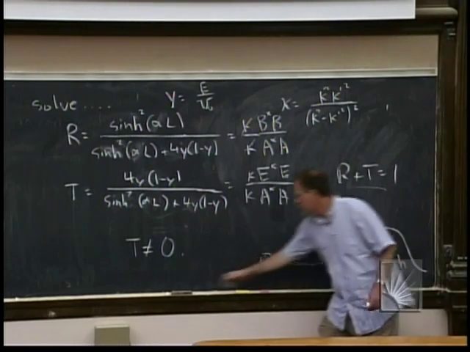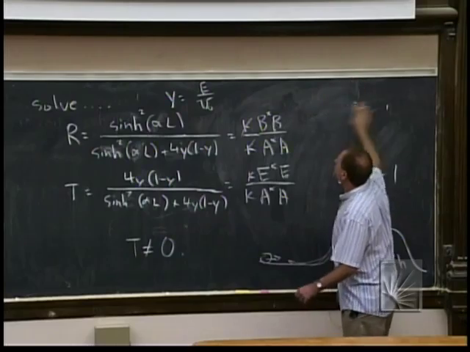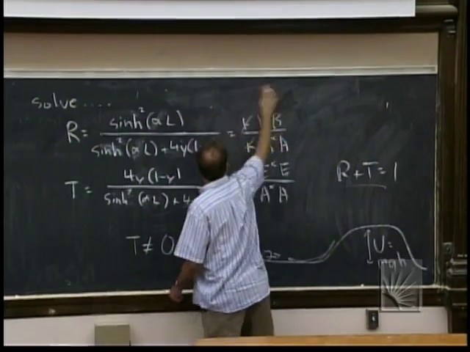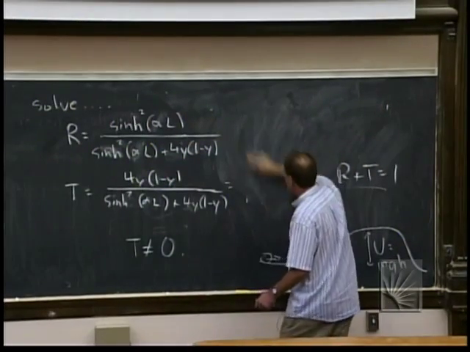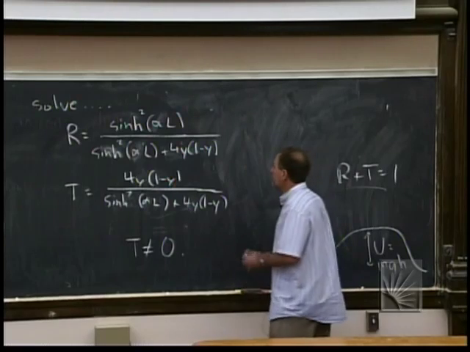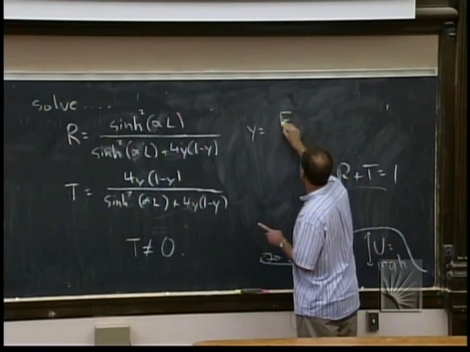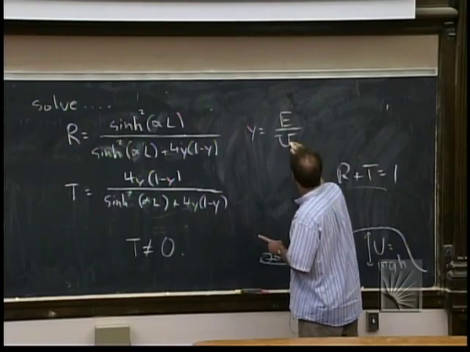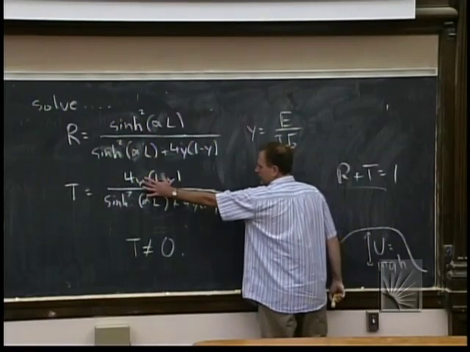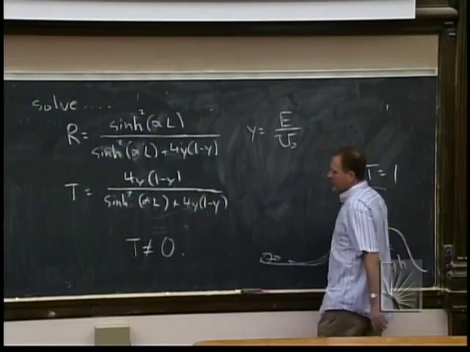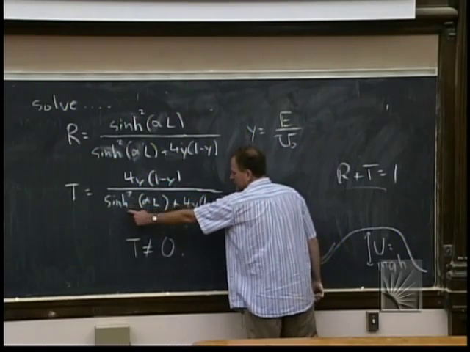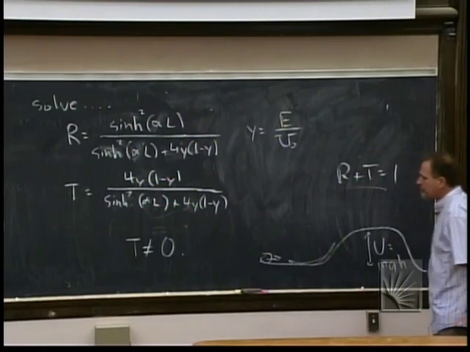Let me erase that. Let me move the y over. In fact, let me just simplify the board here. You knew that. I already told you that part. Y was equal to E over U0. So this term up here, it's got y and 1 minus y. If y is small, it's essentially 4y over sinh squared. Okay?